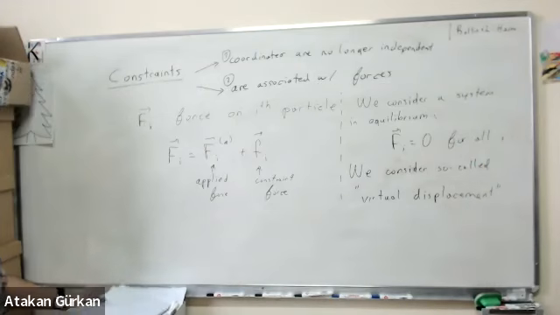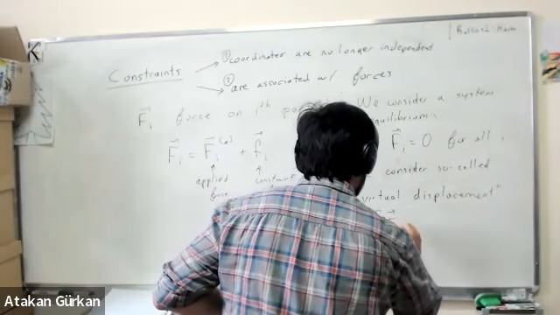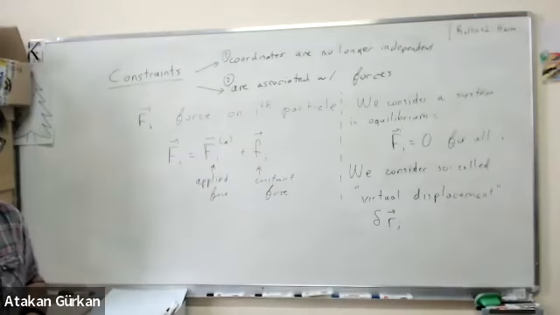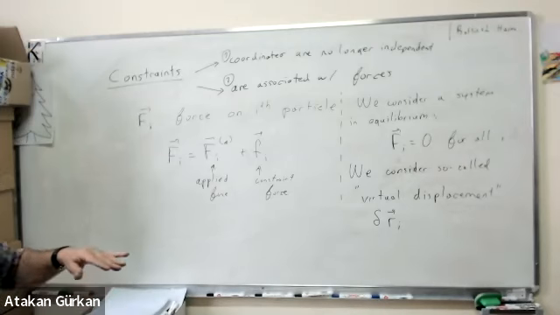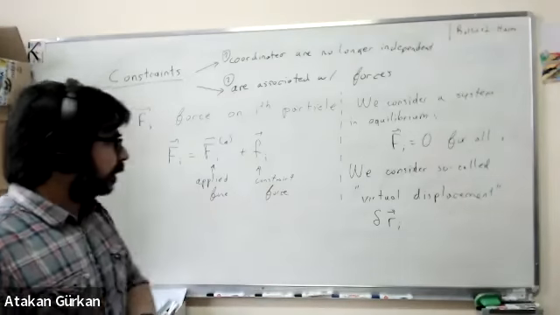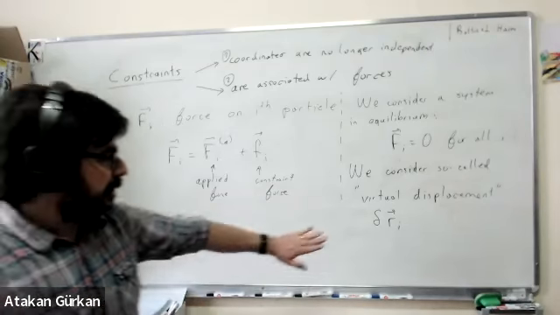It's a displacement. It's a change in the coordinates of these particles, the original Cartesian coordinates, that is consistent with the forces and constraints on the system. Don't worry about the forces part. It's mostly consistent with the constraints.